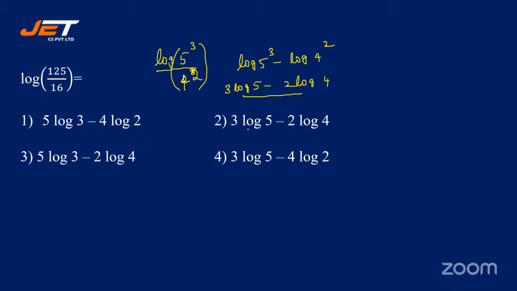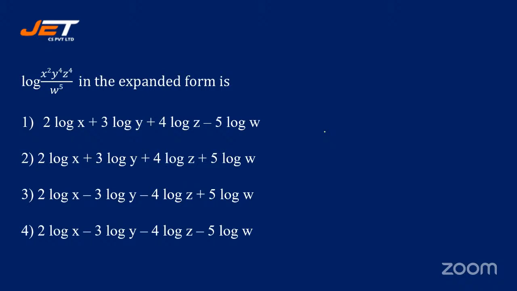So option 2 must be the correct answer here, but they've highlighted 4. So option 2 is the correct answer, 3 log 5 minus 2 log 4. All right, see the next question.